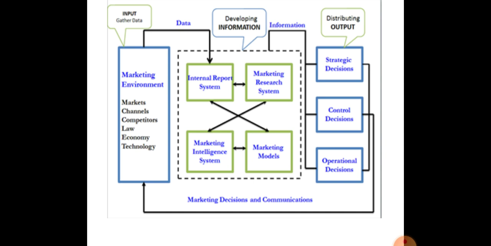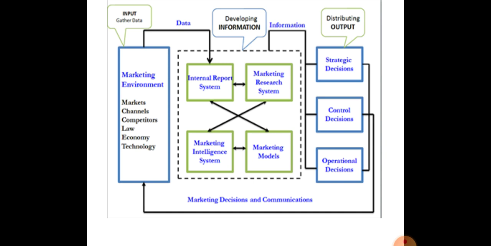So data is related by the marketing environment, and after processing this we are going to have three types of decisions. Previously we have discussed this also. Strategic decisions are taken by the top level management, control decisions are taken by the middle and top level management, and operational decisions are taken by the lower level management. And here marketing decisions and communication show how MIS is working.